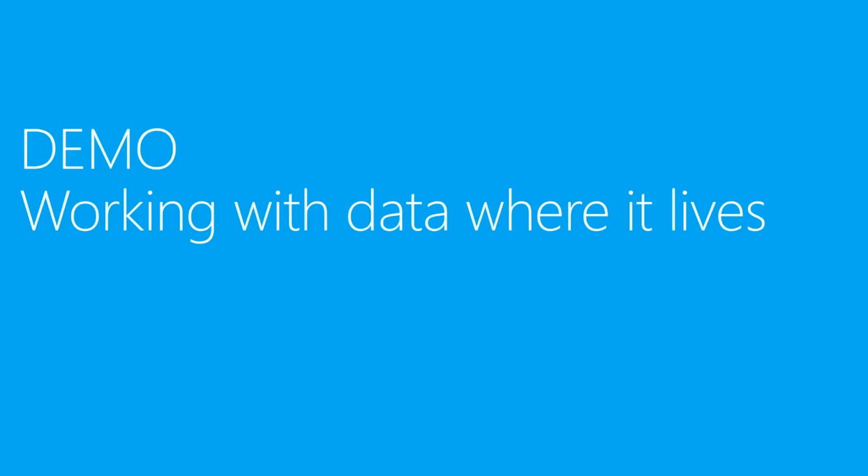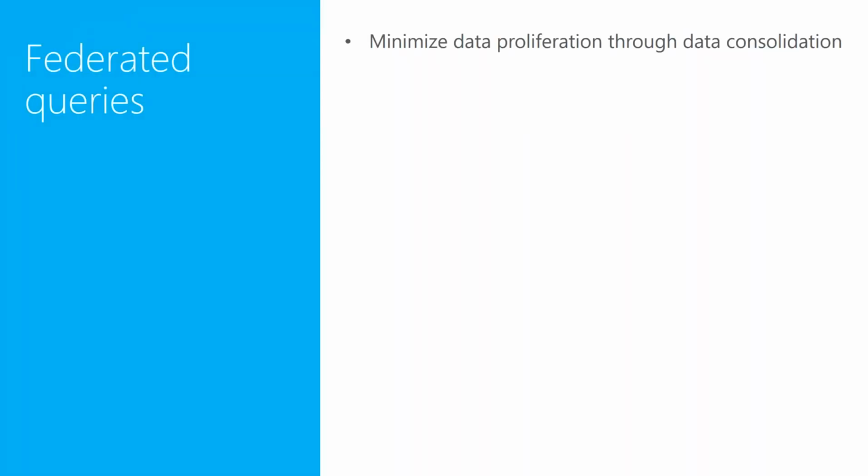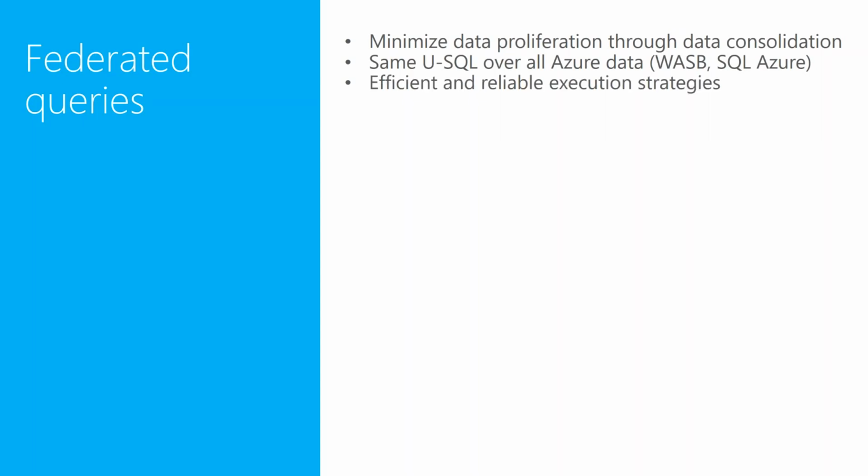So let me go back to the presentation and kind of summarize. So federated queries basically give you the ability to minimize data proliferation in many different locations. You can query the data where it lives. You can use U-SQL over all Azure data, be it WASB, be it SQL Azure, be it U-SQL data itself.